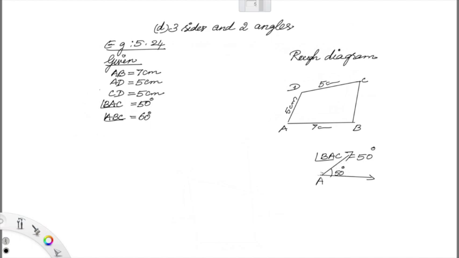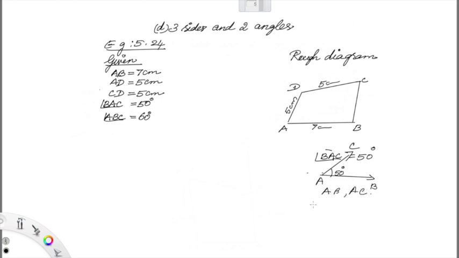Am I right? And the one ray will be this one, that is, this will be B. And the other ray will be that is A to C. Are you clear? So here angle BAC means the angle lies between two rays, that is AB and AC.